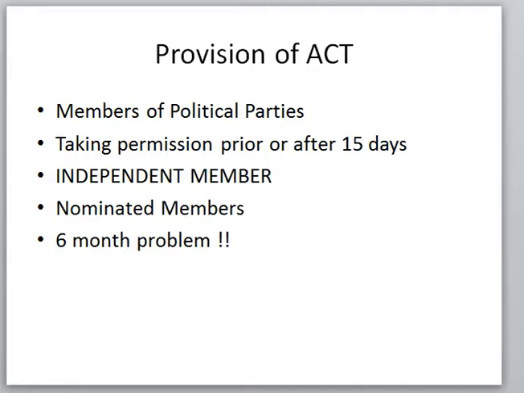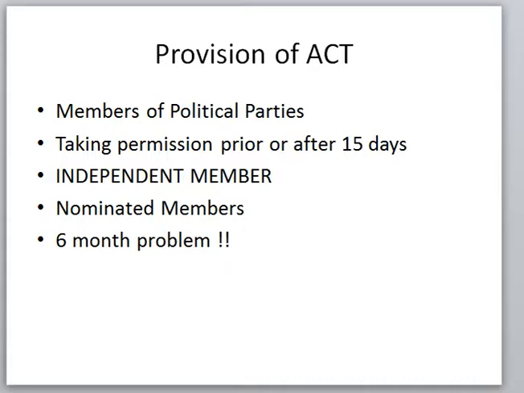Why? Because he contested the election independently, so he is betraying the voters who voted for him. They voted for him because he was independent, but after getting elected, if he joins a party, clearly something is wrong with it. That's why this provision is included in this Act: a person who joins a party after getting elected as an independent member will be disqualified.